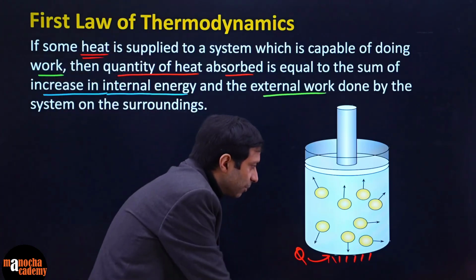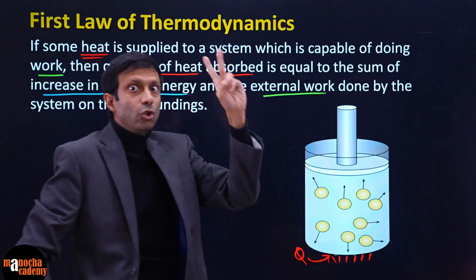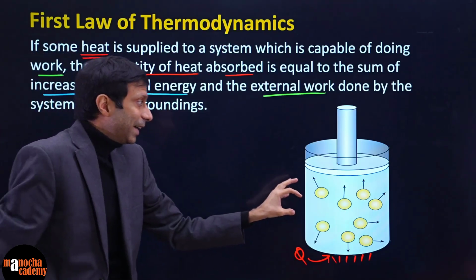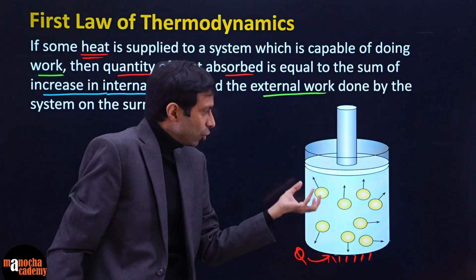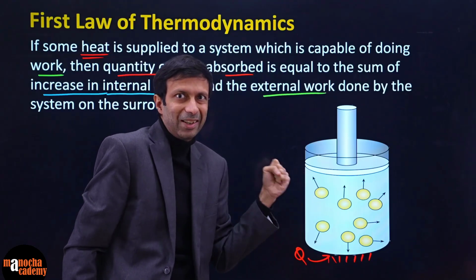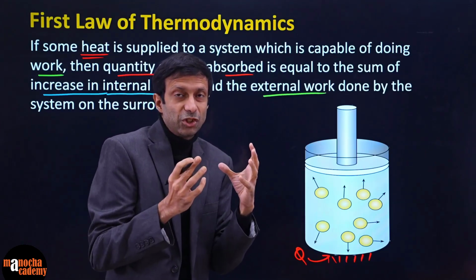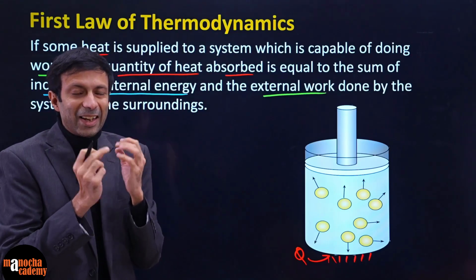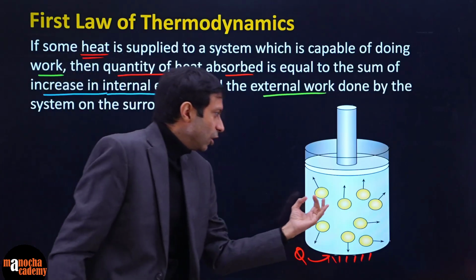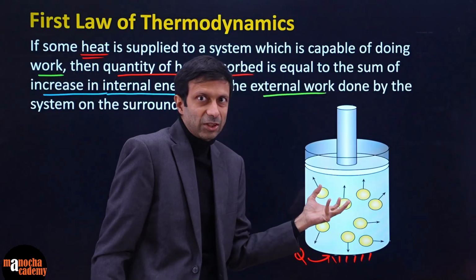So the heat that I'm supplying is being used for two things: to increase the internal energy of this gas. This gas has some internal energy, because all the molecules are moving, so there is internal kinetic and potential energy inside the gas.